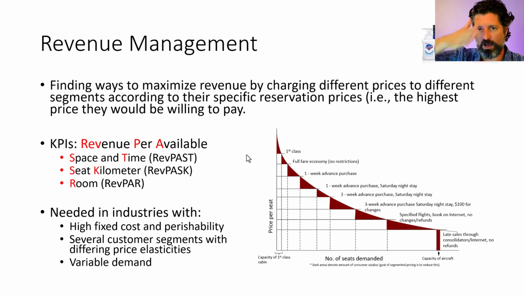We have this downward sloping demand curve surrounding a job to be done, or maybe a product type or product category would be a better way of thinking about it. And within that, we can carve out different jobs to be done in that product or service category.